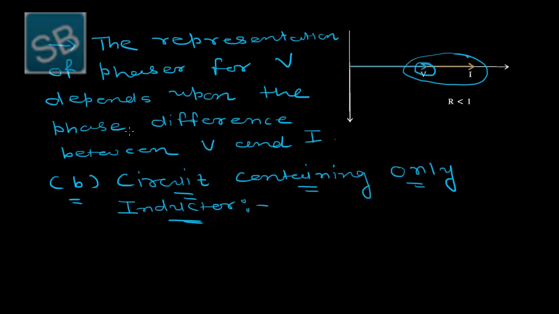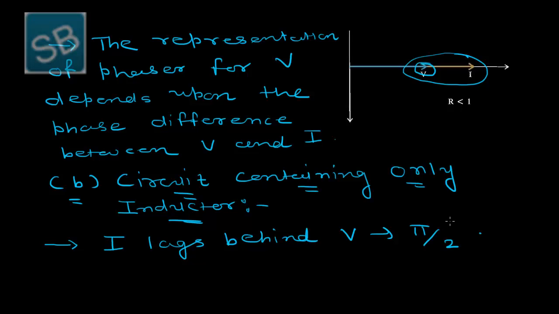In this case, what we have studied in the current and impedance obtaining theory is that by use of this inductor, the current I lags behind the voltage in terms of phase by the angle pi by 2.